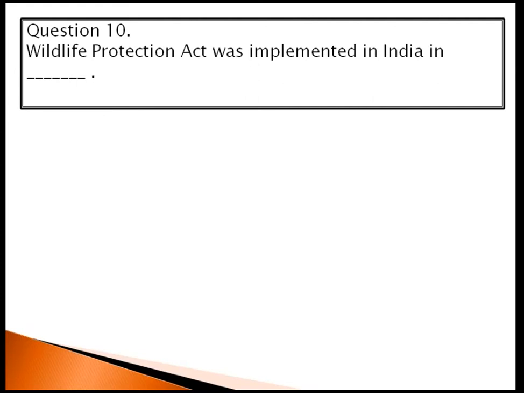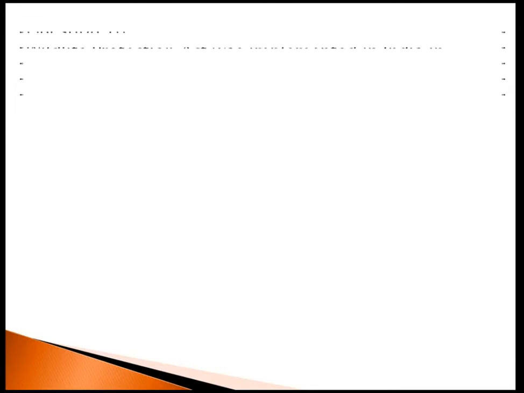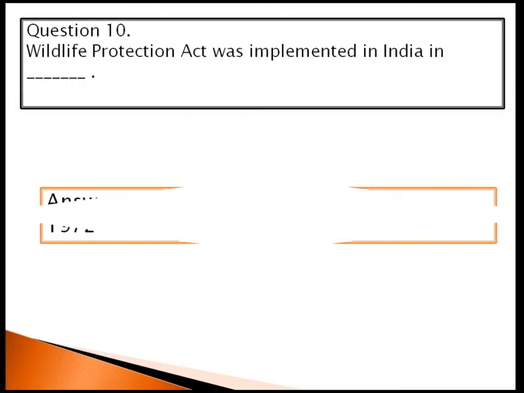In which year was the Wildlife Protection Act implemented in India? So the answer is 1972. The Wildlife Protection Act was implemented in India in 1972.